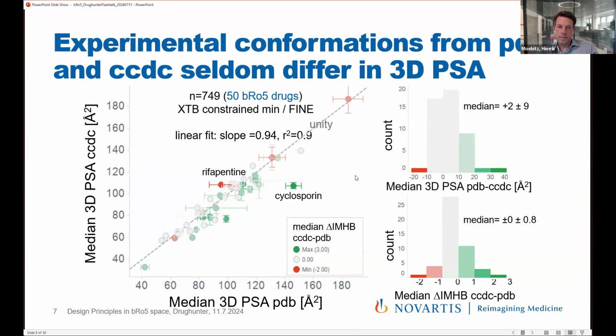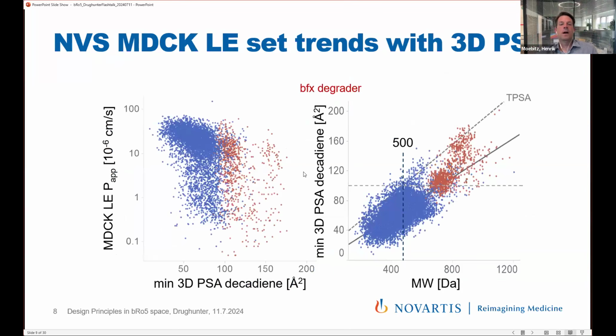On the next slide, let's look at how these trends hold across the larger Novartis data set. So this is about 10,000 compounds with measured permeability. And although this is a cheaper version of QM that was used to generate these 10,000 calculations of the minimum 3D PSA, we still see a similar trend recapitulated.